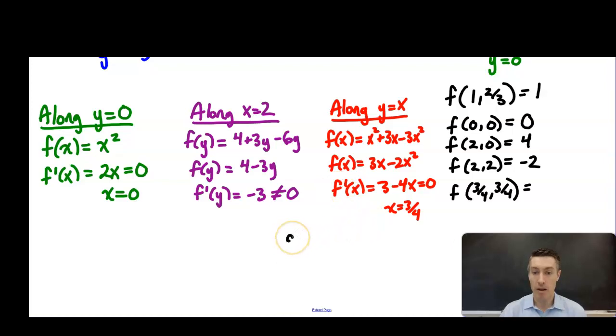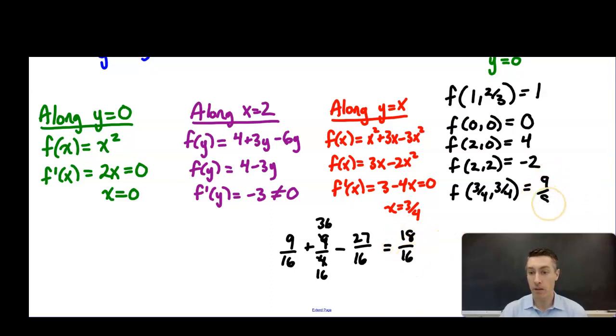So we'd have 9 over 16 plus 9 over 4 minus 3 times 3 times 3, so 27 over 16. So this is really 36 over 16, 18 over 16, 9 over 8. So you see a lot of the work here is just plugging in the points that we found with calculus.